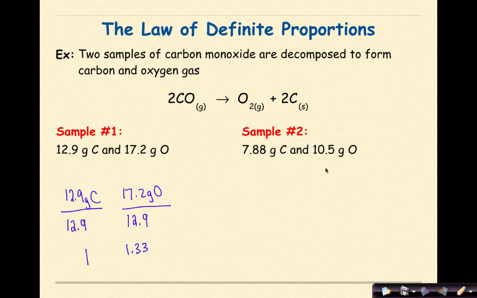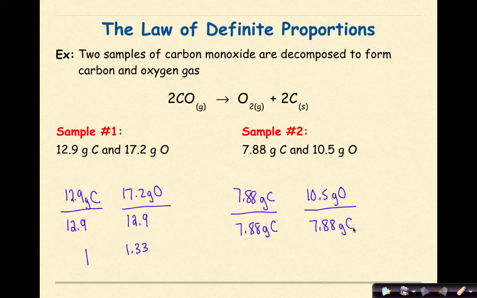Let's look at sample 2. We have 7.88 grams of carbon and 10.5 grams of oxygen. So I'm going to divide the carbon by itself because I want the carbon to be representing basically 1 gram. And then I'm going to divide the mass of the oxygen by the mass of the carbon.